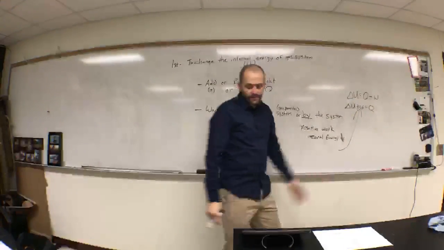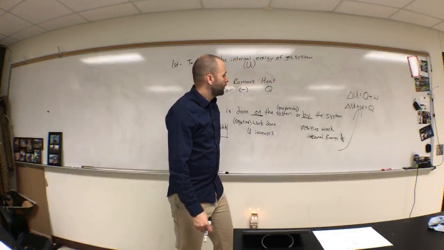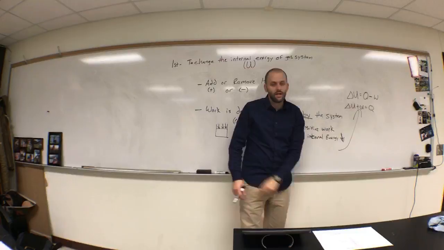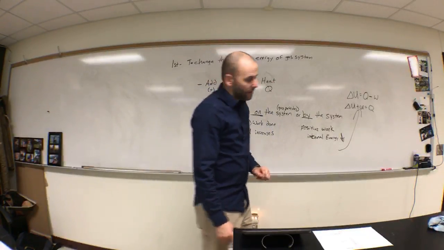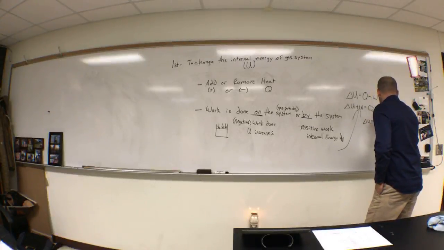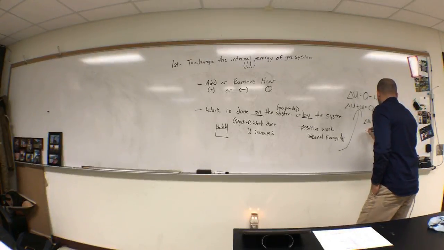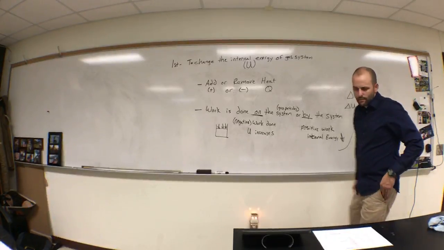Now, I have 10 and I have 25. Both of those are positive numbers. I plug them in. You should get 35 on number 31. So let me go ahead and write that down. Delta U, it said, was 15 joules. The work done was 25 joules. And we'll add them. Is that correct?